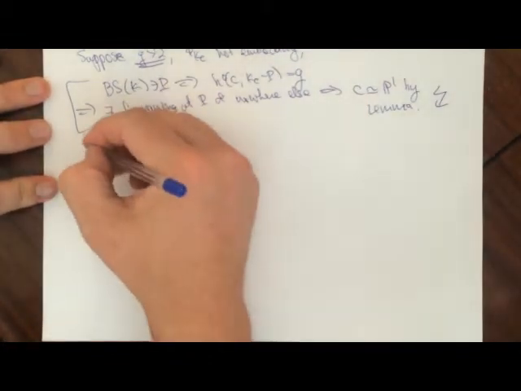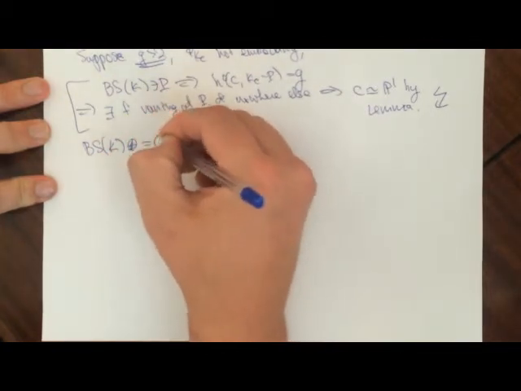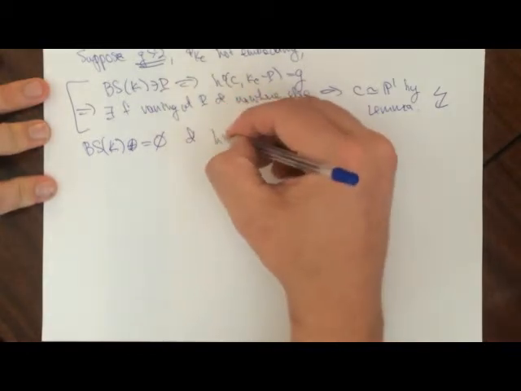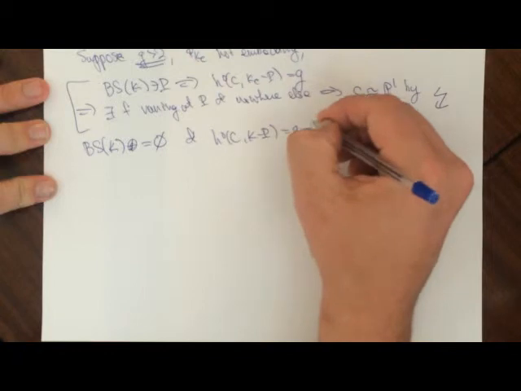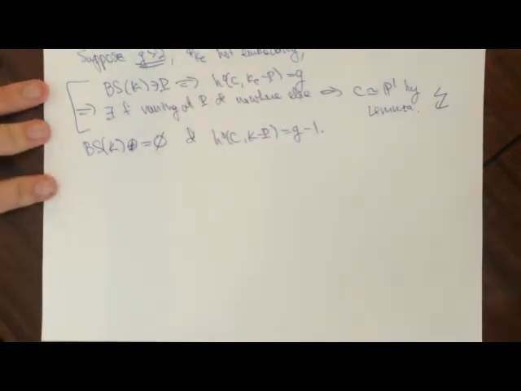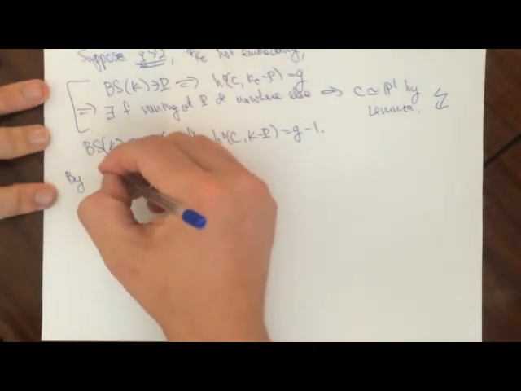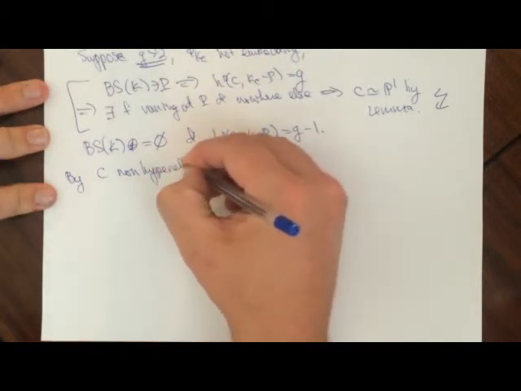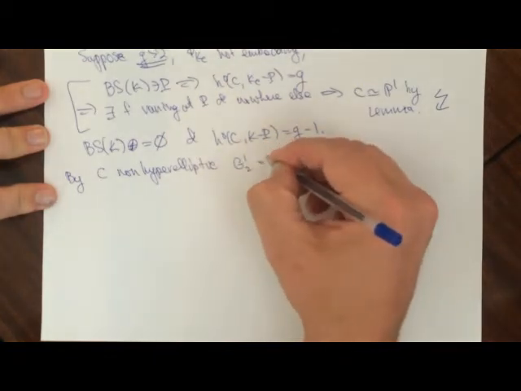And we can say that this base locus is equal to the empty set, and that H0 of K_C minus P actually decreases, so this is g minus 1. Okay, so by C being non-hyperelliptic, the collection of g^1_2's is empty.